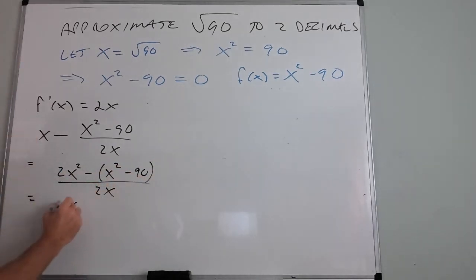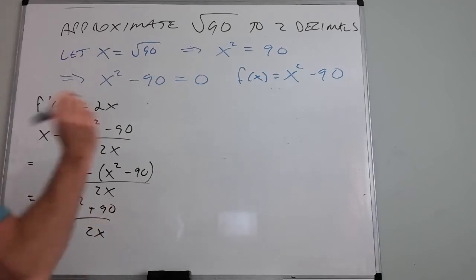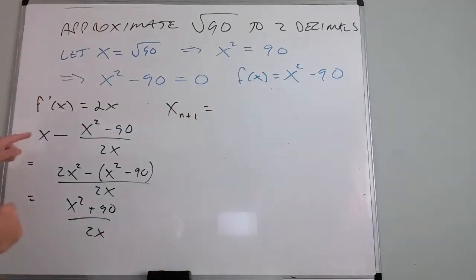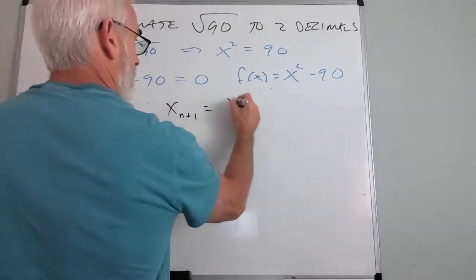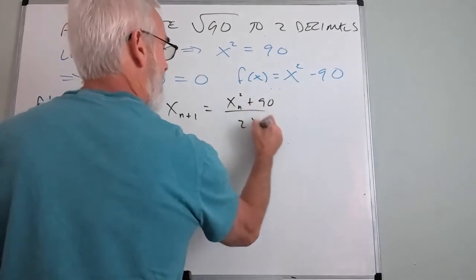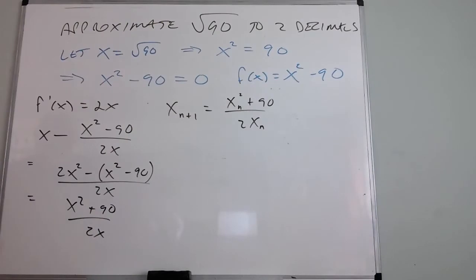And that would be x squared plus 90 over 2x. Great. That's my scratch work. Now I can say the n plus first iteration, which is the nth iteration minus all this, I'm going to use this. You don't have to do what I just did, but it's always easier if I do this. It's easier than using this quantity.